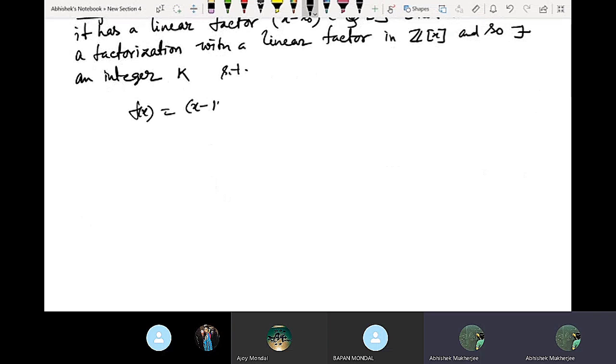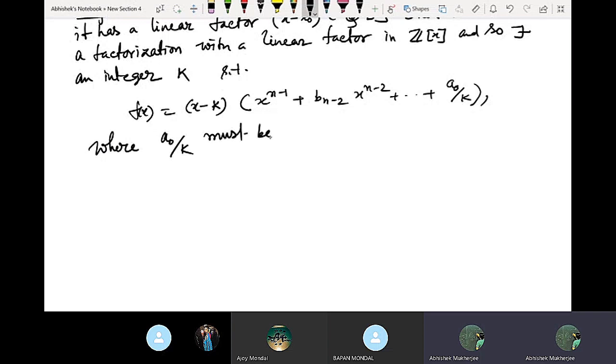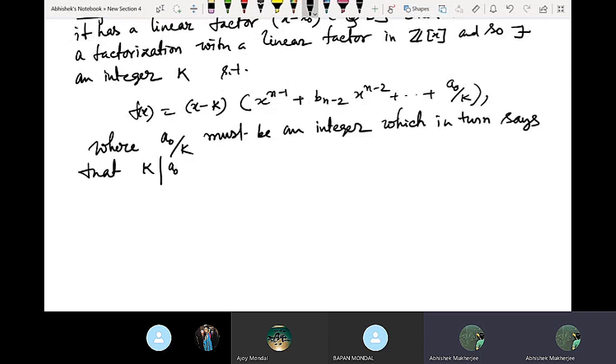fx will be represented as the product of x minus k and a polynomial of degree at most n minus 1, such that the last coefficient, the constant term, should be a0 by k, where this a0 by k must be an integer, which in turn says that k divides a0.